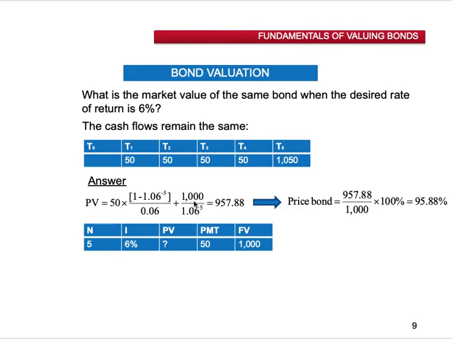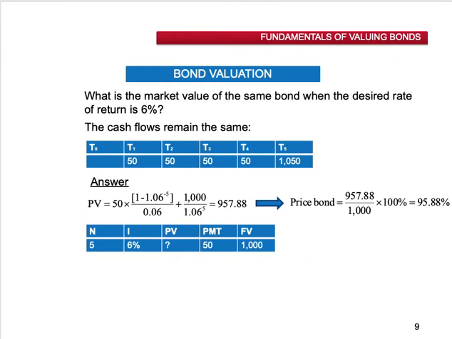Well, if we fill in the new yield in the equation, we are going to have a present value of the coupon paying bond of 957 and 88 euro. So that's interesting because in the previous example, we had a required yield in the market of 5%, and the value of the bond was 1000.